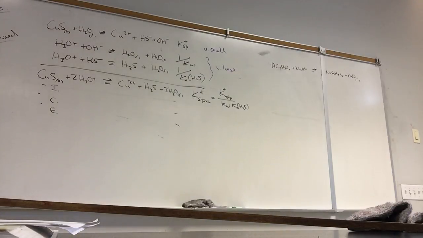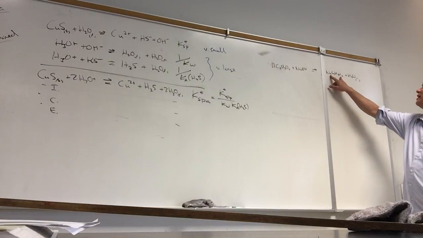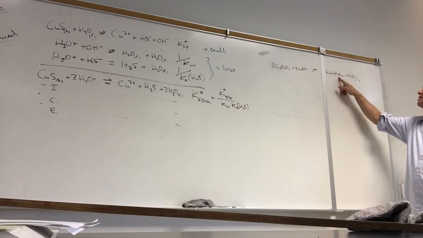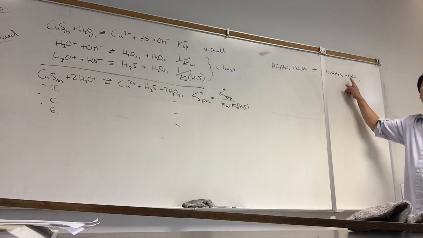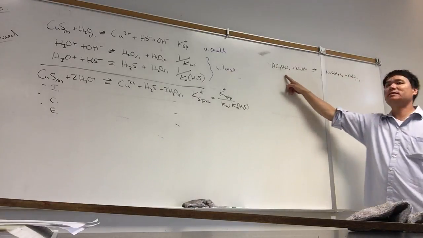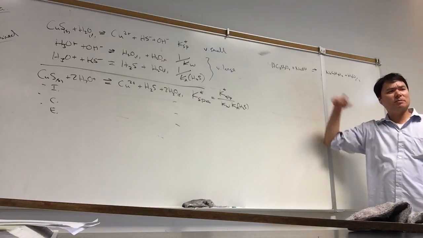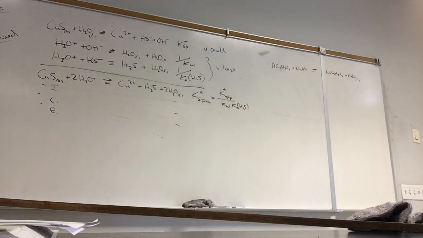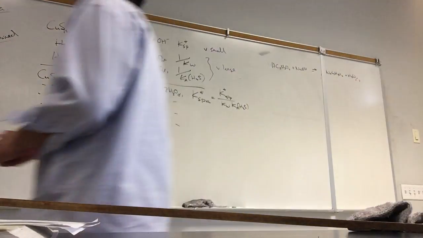Okay, this is what I see. I see sodium acetate, or acetate. Sodium ions are spectators, leaving acetate plus water. Acetate plus water yields acetic acid plus hydroxide. What equation is that?